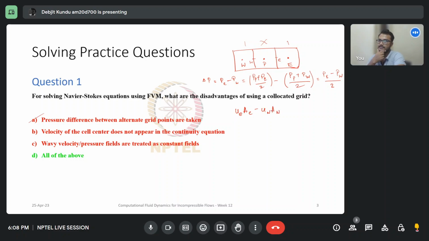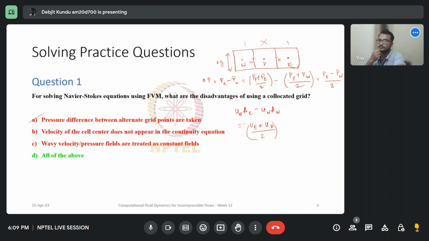In this case, since we don't have UE, we have to take an interpolation once again. So we will have to take something like U capital E plus UP divided by 2 using an interpolation like that. AE and AW are constant and equal to, let's say, whatever is the width of this. I'll call this delta Y.